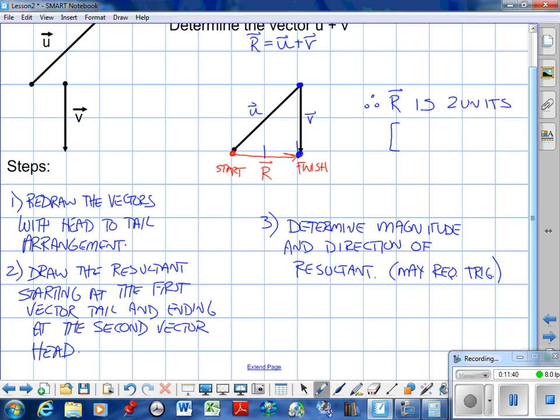So you could say to the right, or what I'm going to get you kind of used to is if that's north, then it would be east. Okay, so the resultant for this particular adding or subtracting is 2 units east. Okay, I'm going to do a couple more complicated examples and let you try some of these as you go along. So I'll stop this first segment here before I get into the next example.